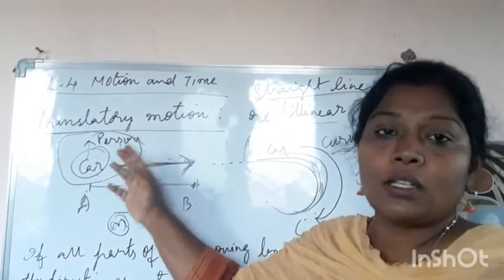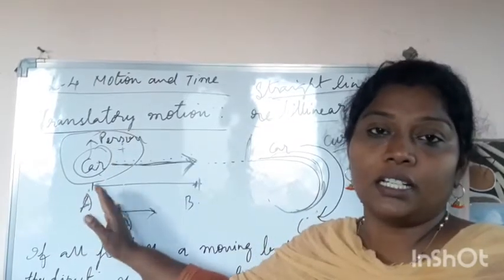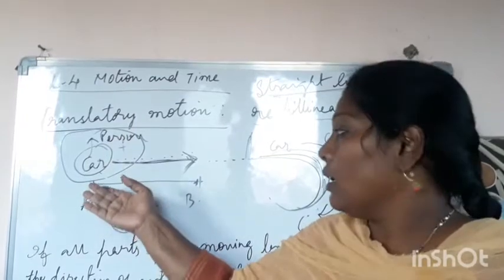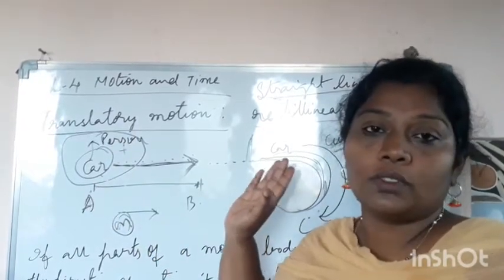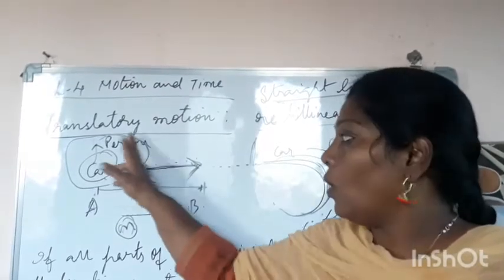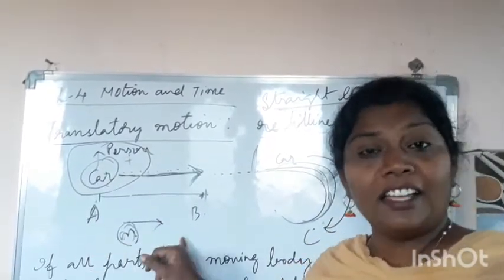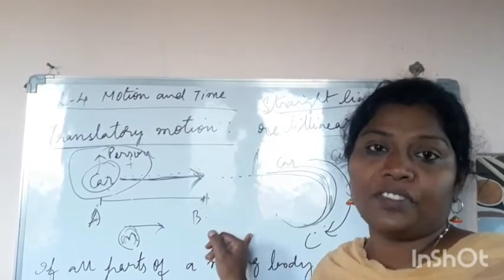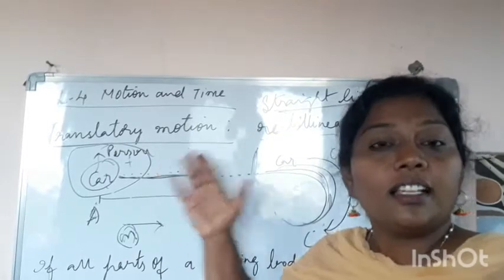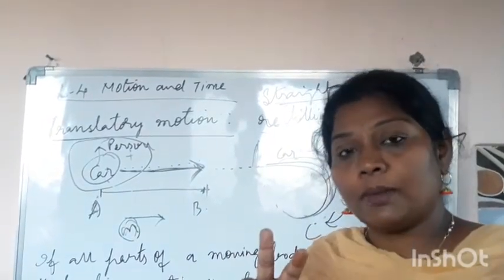Translatory motion means all the parts of the moving object should go along with the direction of motion. This is called translatory motion. Here this translatory motion is divided into two types.